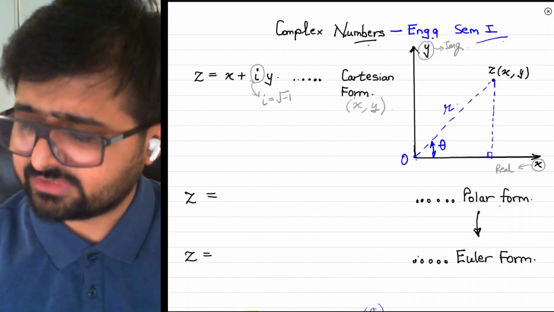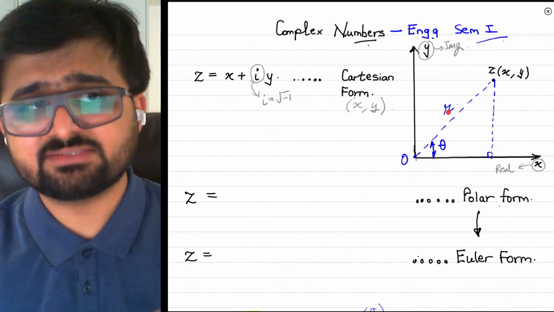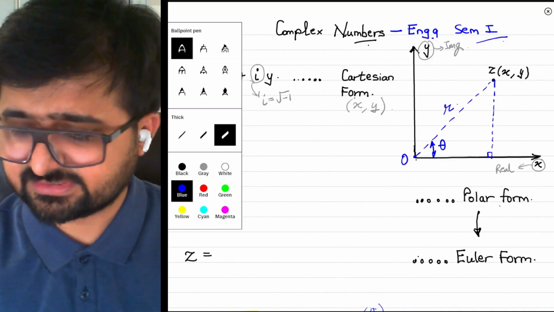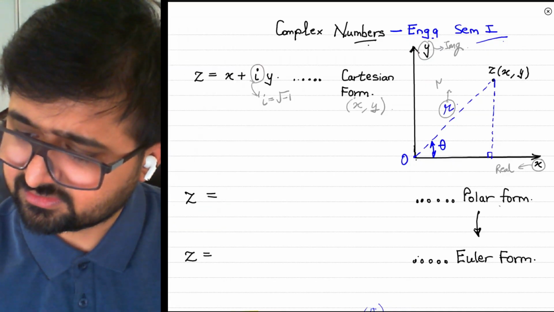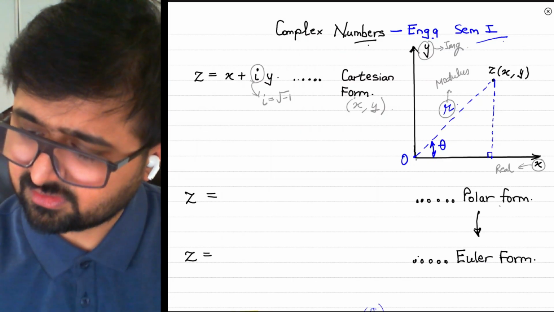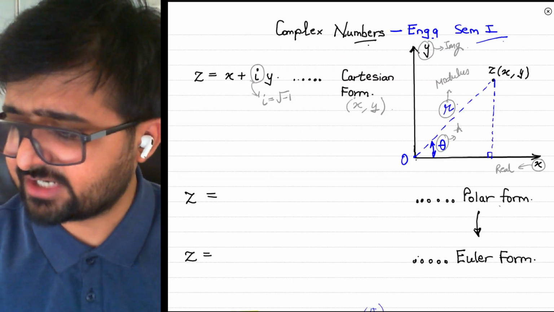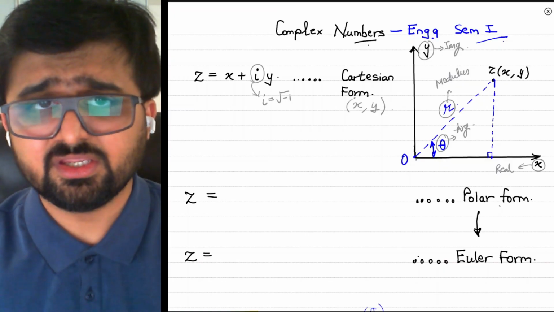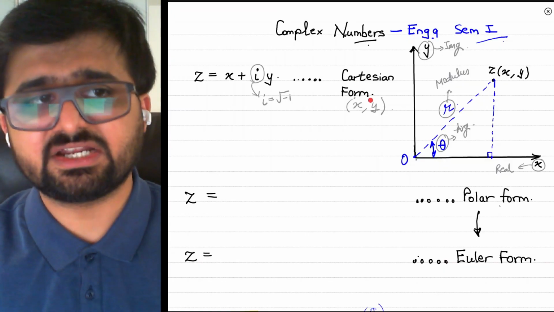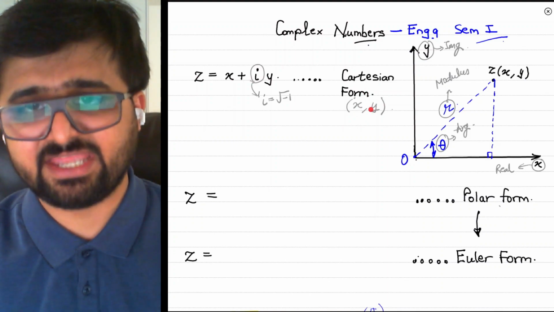Now that r is also called the modulus of the complex number. Theta is called the argument of the complex number. If you're writing the complex number in Cartesian form, it is represented with (x, y).